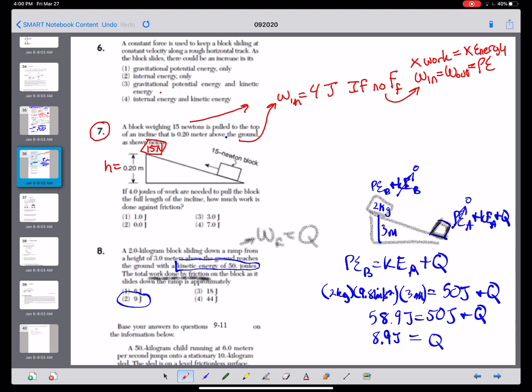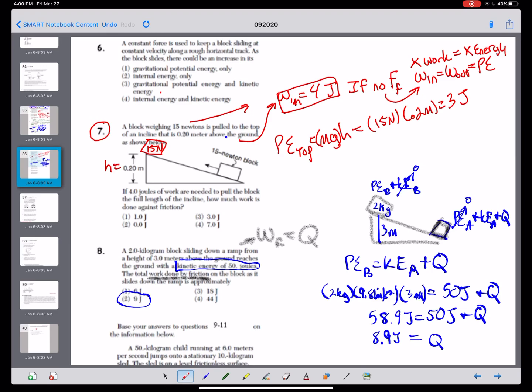So work in is 4 joules, right? Let's see how much PE it has at the top. So PE at the top equals mgh. Now remember, they gave you mg as one thing. That mg is 15 newtons times a height of 0.2 meters. So 15 times 0.2, we get a PE at the top of 3 joules.